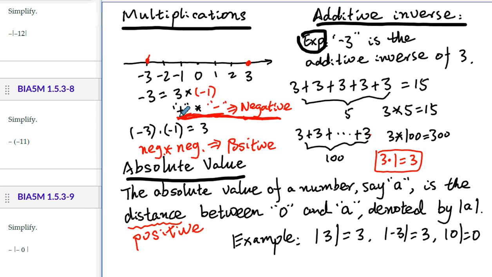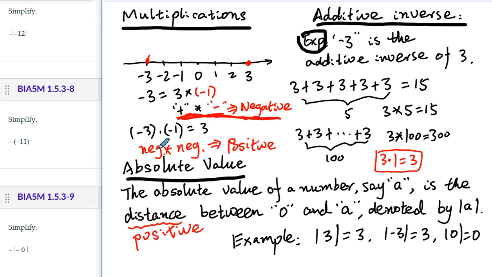Okay, so when you have two different signs, one times another, it all the time goes to the opposite side. So we have a positive times negative is negative. Negative means goes to the different side. Or negative times positive is going to be negative. On the other hand, if here is negative 3, when you multiply it by a negative 1, this negative 3 goes back to the positive side.